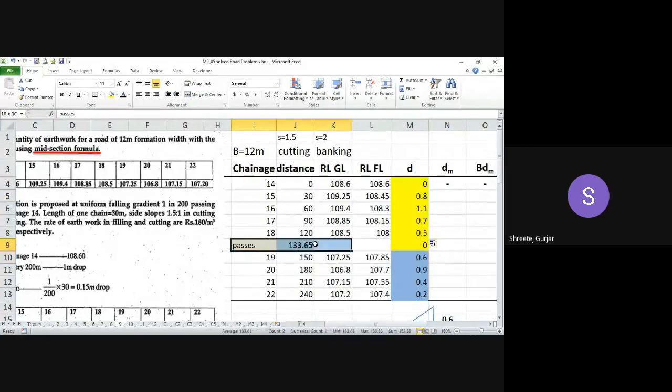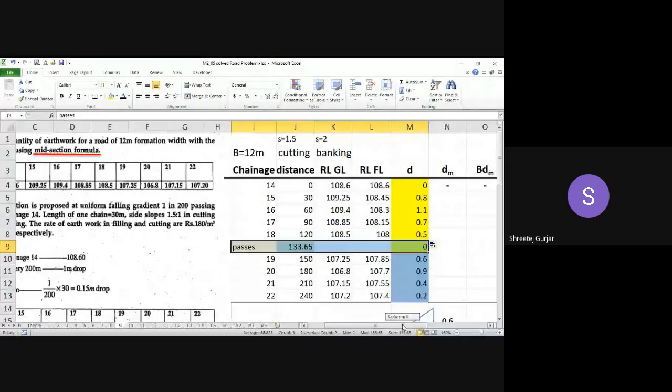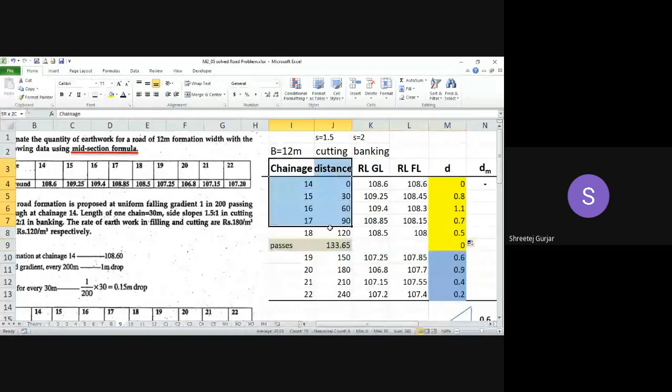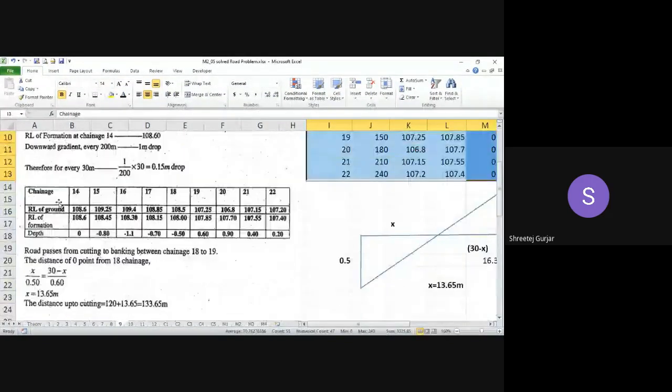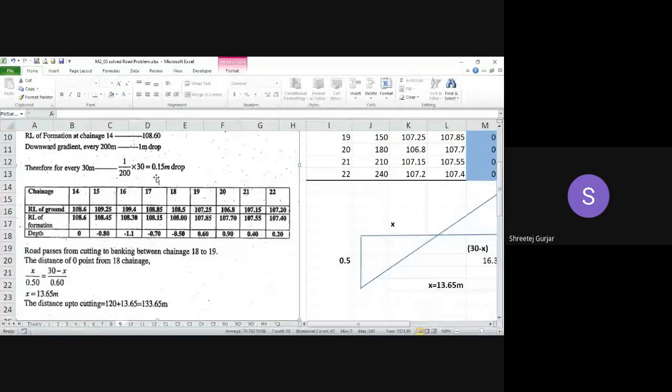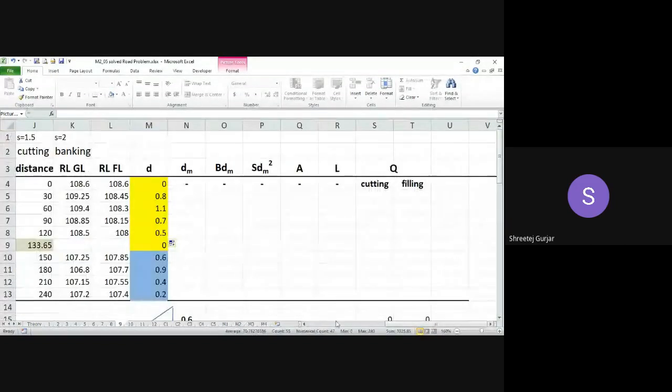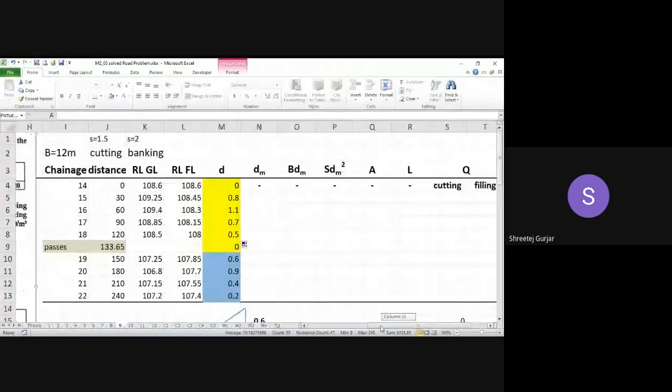Find out where your depth 0 lies, and then include that extra row in your tabular column. Before you prepare this table, you have to prepare this smaller table to find out where your x lies. Once you are done with this, the remaining things are very easy.